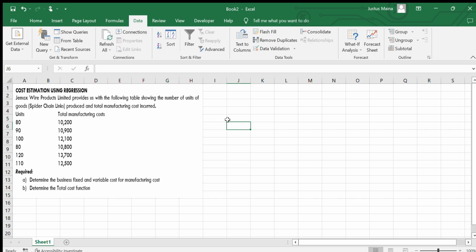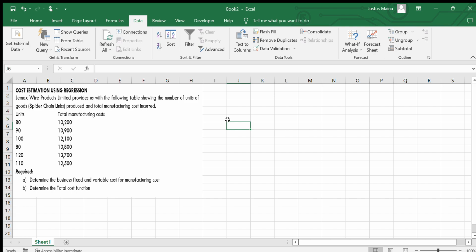So in that case, our question is talking about cost estimation. But what is cost estimation? It is usually a measurement of past cost for the purposes of predicting future cost for decision-making purposes.